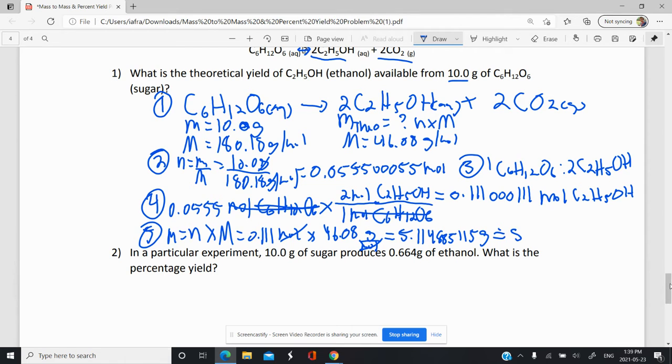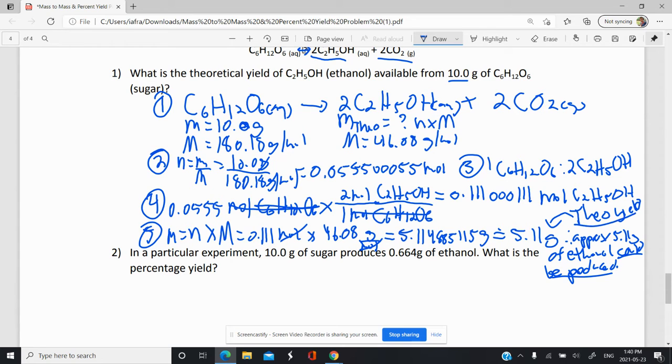So approximately 5.11 grams. So we can put a therefore statement: therefore approximately 5.11 grams of ethanol could be produced. It really could be produced because it's our theoretical yield, assuming nothing goes wrong.